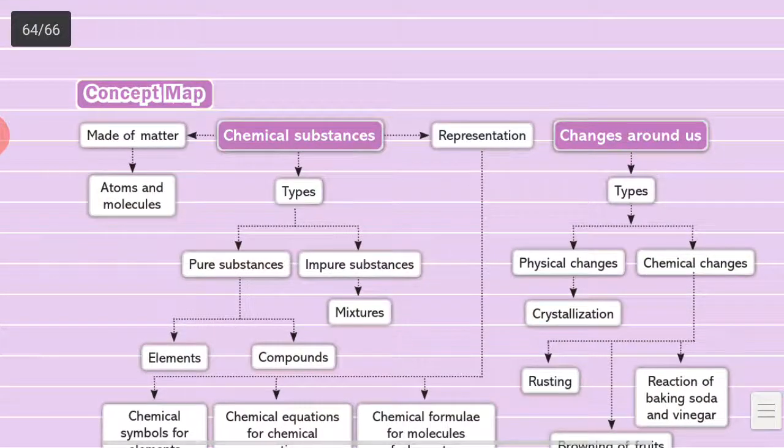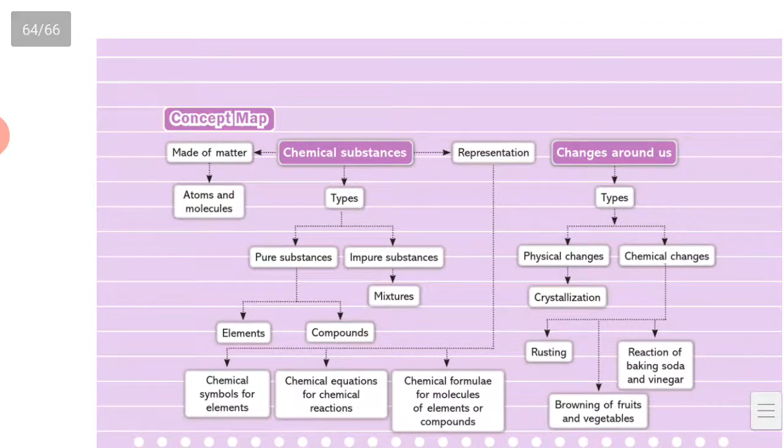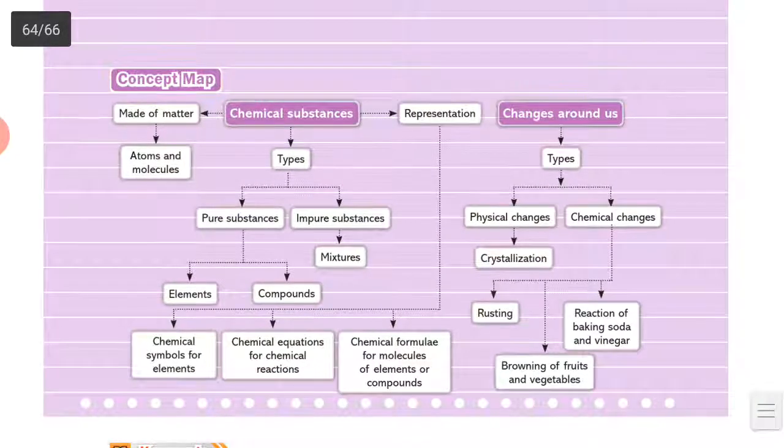Now, what we studied in this chapter, we will do the concept mapping. We started with chemical substances made up of matter, atoms and molecules. The types we discussed: pure substances and impure substances.